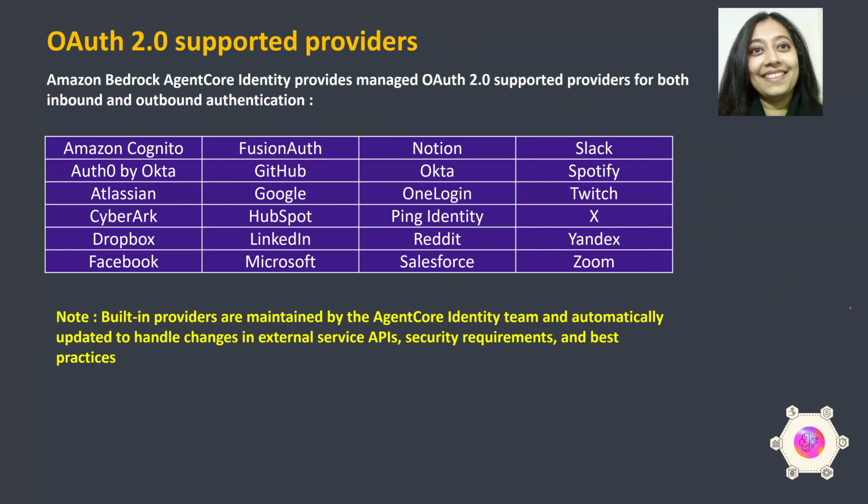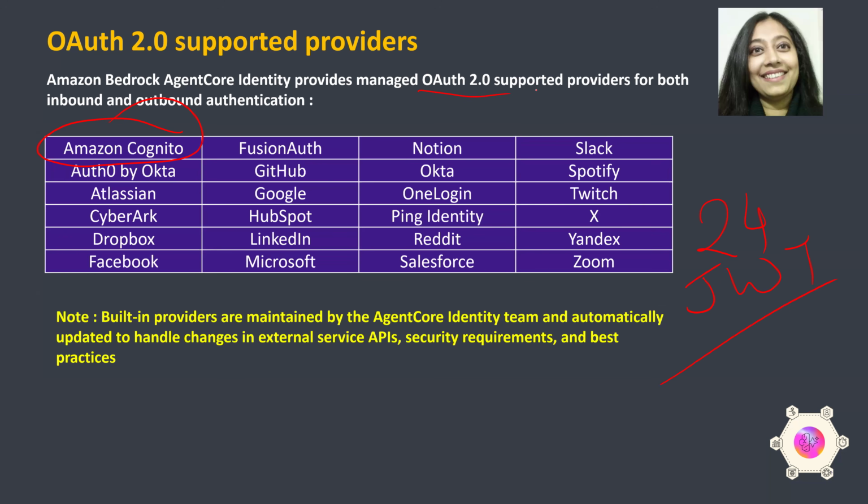Now let us look at some of the popular OAuth 2 supported providers. So we have a total of 24, as I said earlier. Amazon Cognito is Amazon's homegrown. The rest of the others, as you see, are external, and it's totally up to you which one you want to use as long as it is JWT, JSON web token, that is, OAuth 2.0 tokens.